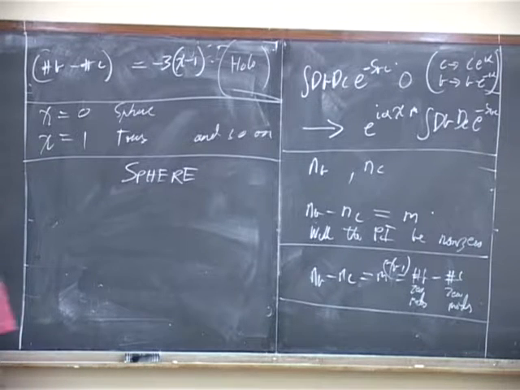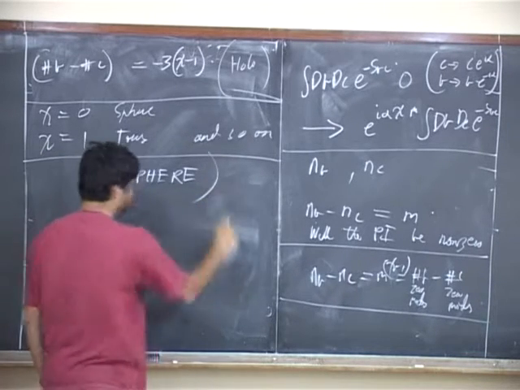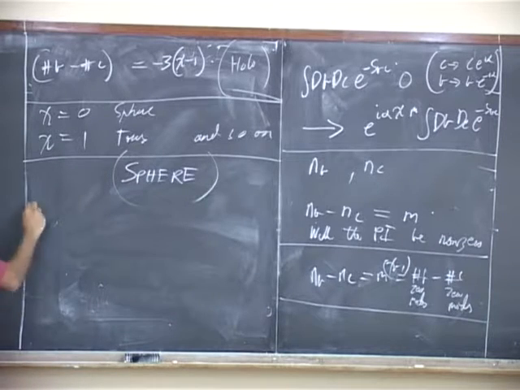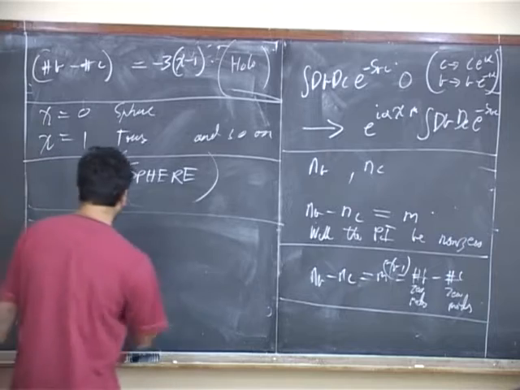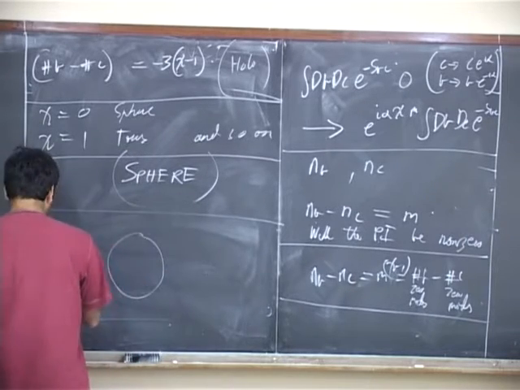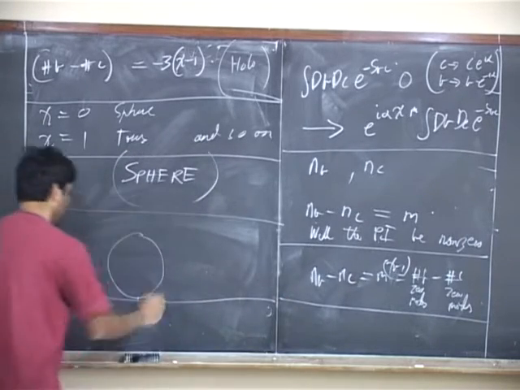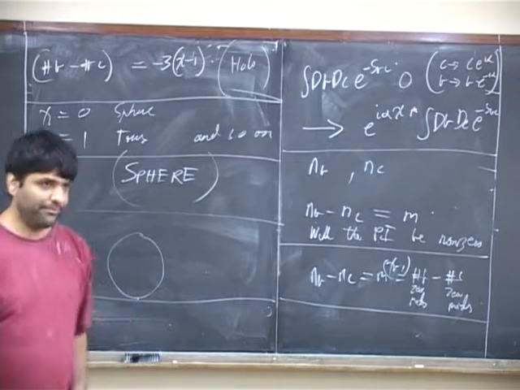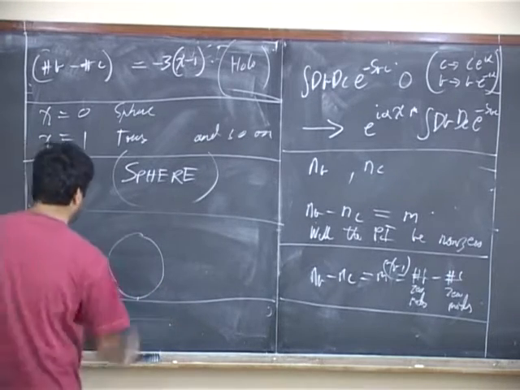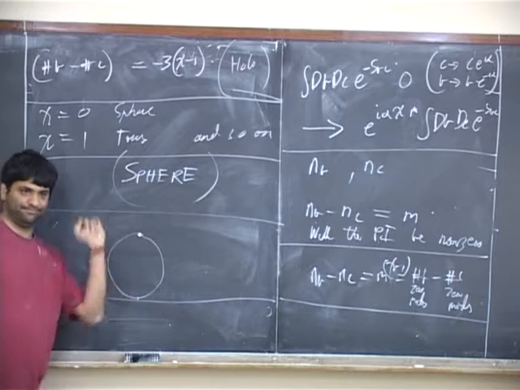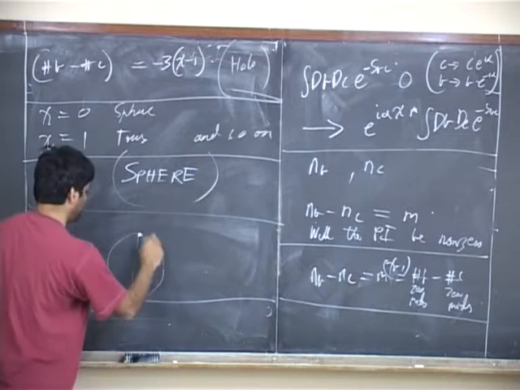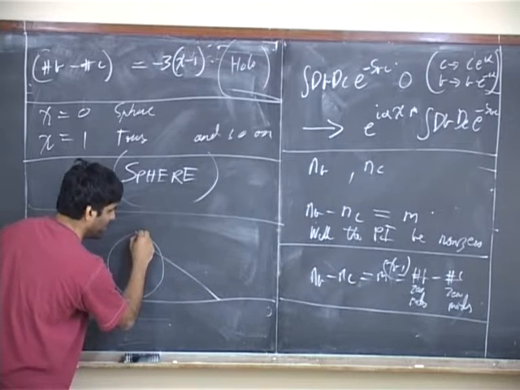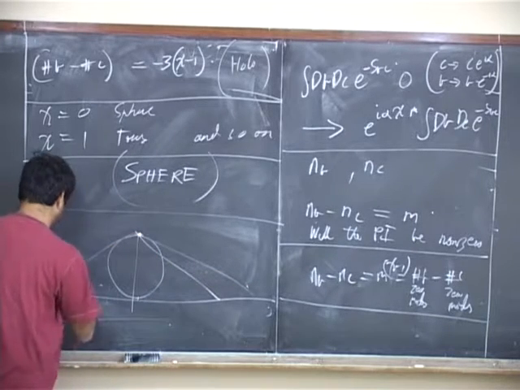Okay, so the question is, what is a sphere? We can think of the sphere as conformally equivalent to the complex plane by the usual projective mapping. Okay? So you've got this projective mapping that maps points from the sphere to points of the complex plane.